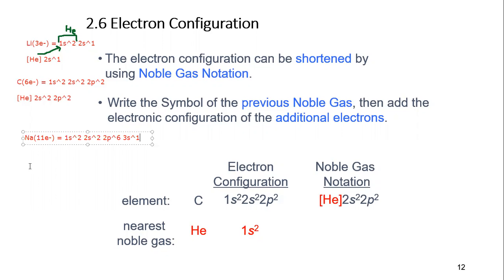So now if we were to write the shortened noble gas electron configuration, you would start looking for the last completely filled p orbital. The last completely filled p orbital is 2p. So everything from 1s to 2p is represented by neon.